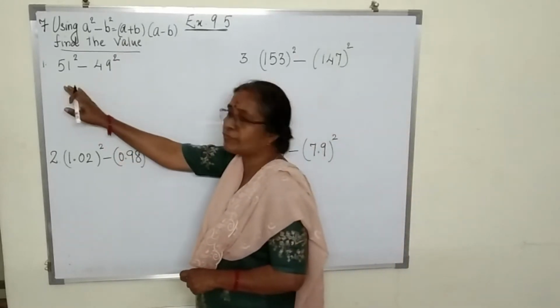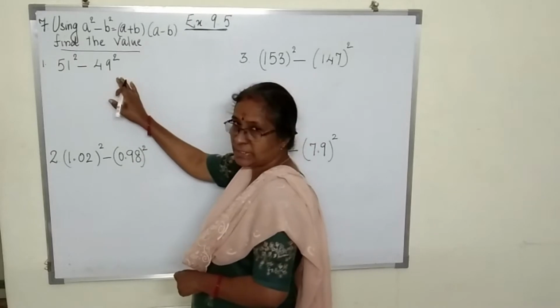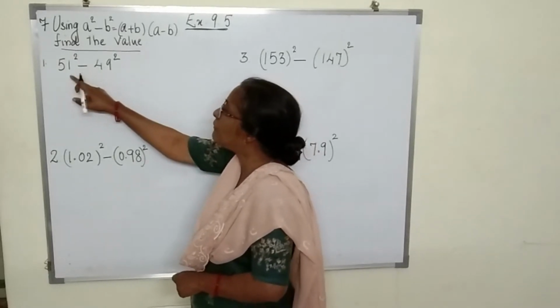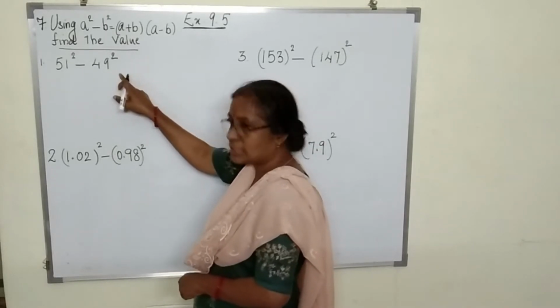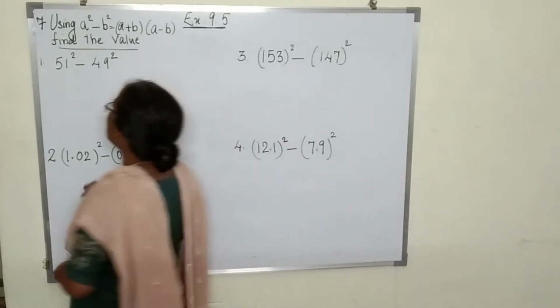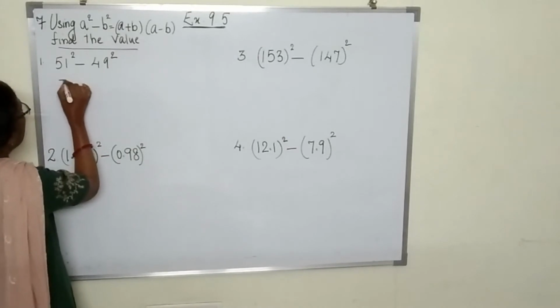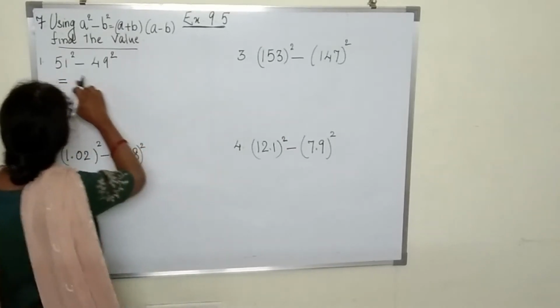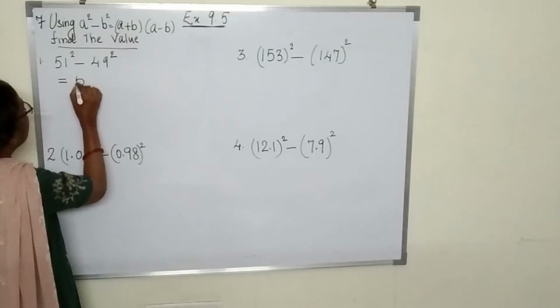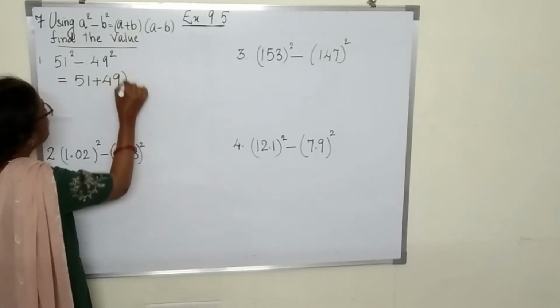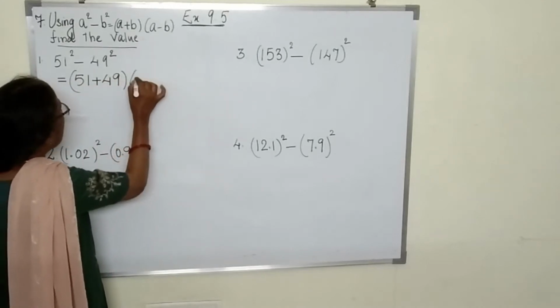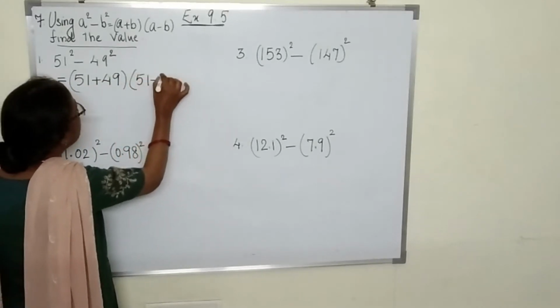Here a is 51 and b is 49. So it is in the form of a square minus b square, which is equal to a plus b into a minus b. So a is 51 plus b, that is 49, into a minus b.